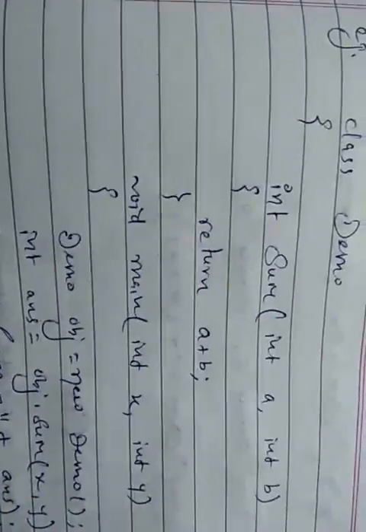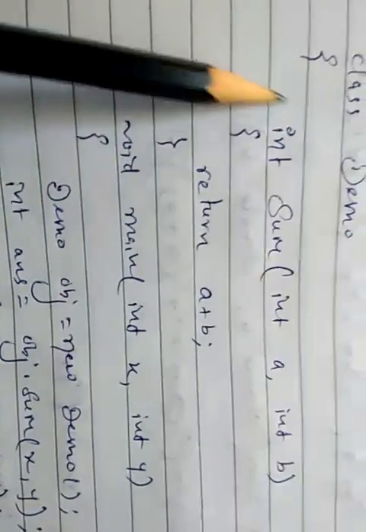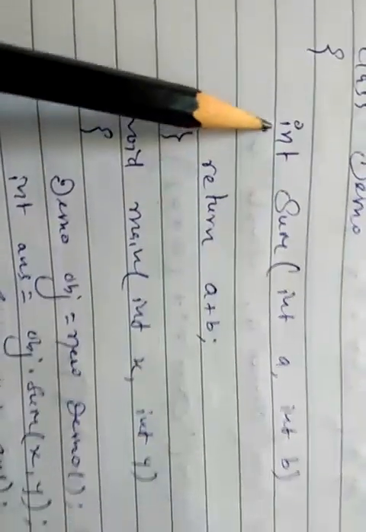Let's take an example of a return statement. When we use the return statement, then the return type of the function should not be void. Void means that the function will not return any value.